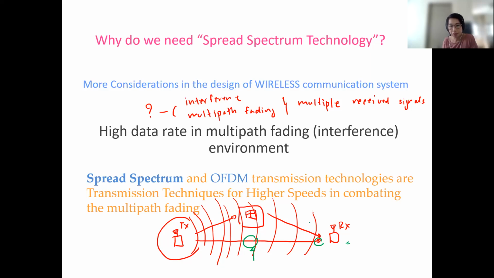The disadvantage of receiving multiple signals is that sometimes they combine with each other and the power increases. But sometimes the powers deduct from each other. So this kind of multi-path received signal can make the received signal fluctuate a lot. Fluctuate means that when you consider the time domain, sometimes you can have a big power, but suddenly for a short period of time, it has very low power.